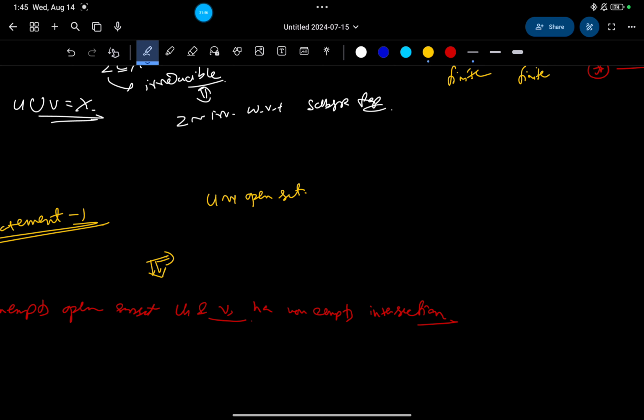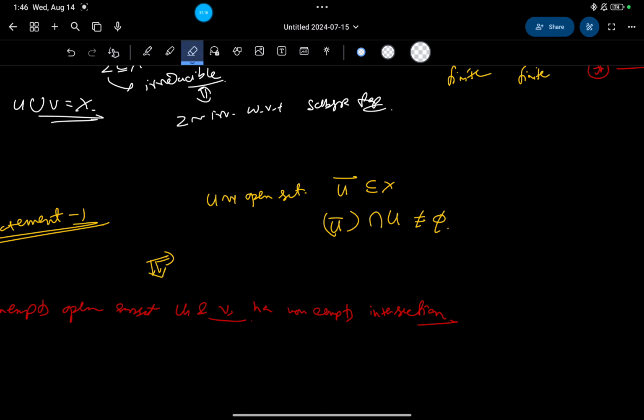So what about U closure, a subset of X? U closure complement intersection U should be non-empty. But this is not possible at all.